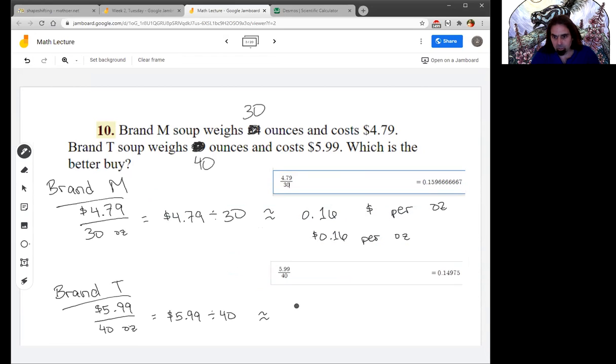Oh, okay, so that's about 0.15 dollars per ounce. And we probably in real life would write that as 15 cents.